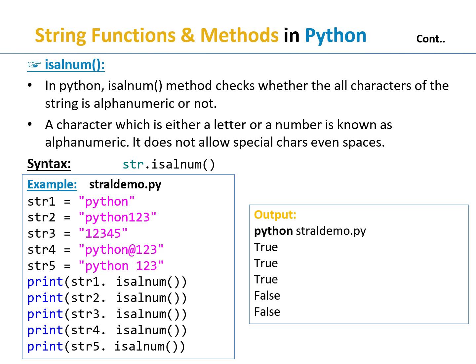For str1, "Python" has only letters, so it returns True. str2, "Python123", is letters plus numbers, so it returns True. str3, "12345", has only numbers, which still counts as alphanumeric, so it returns True. str4, "Python@123", contains the at symbol, which is a special character, so it returns False. str5, "Python 123", has a space in between, so it returns False.